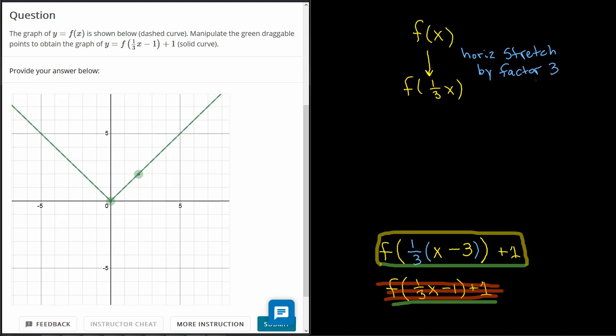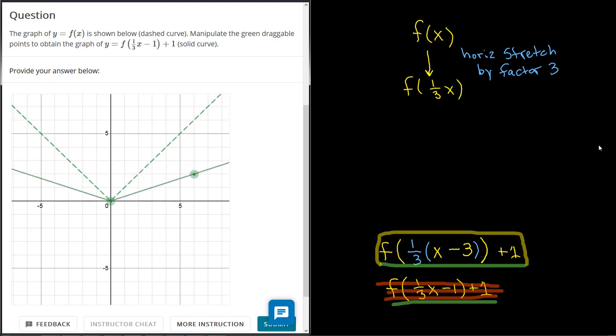That means all the x coordinates are going to get multiplied by 3. In particular, this point right here has x coordinate 2, and if I multiply 2 by 3, I get 6.